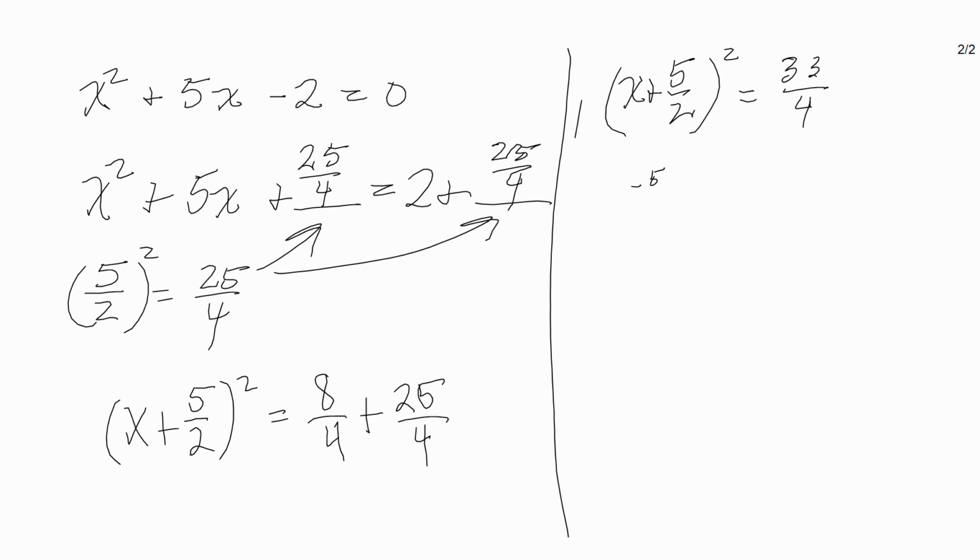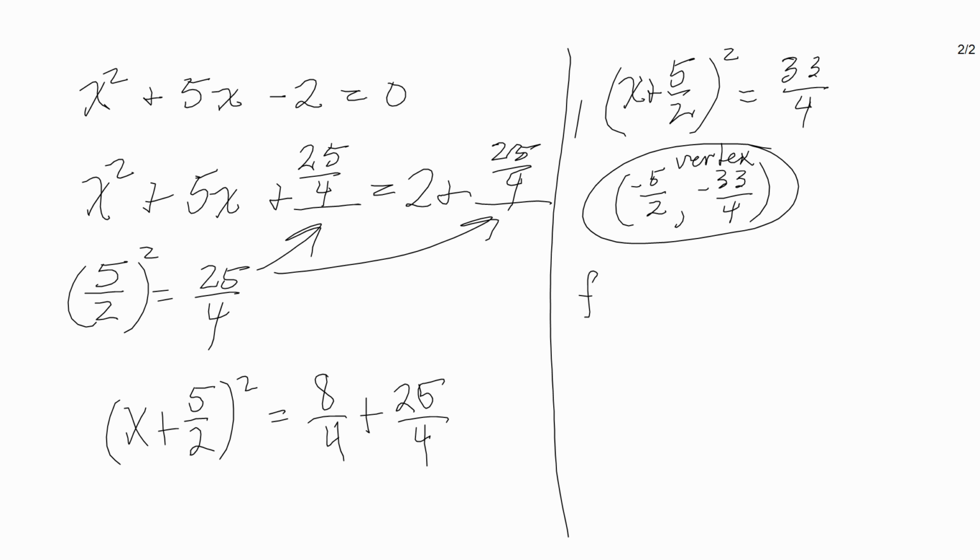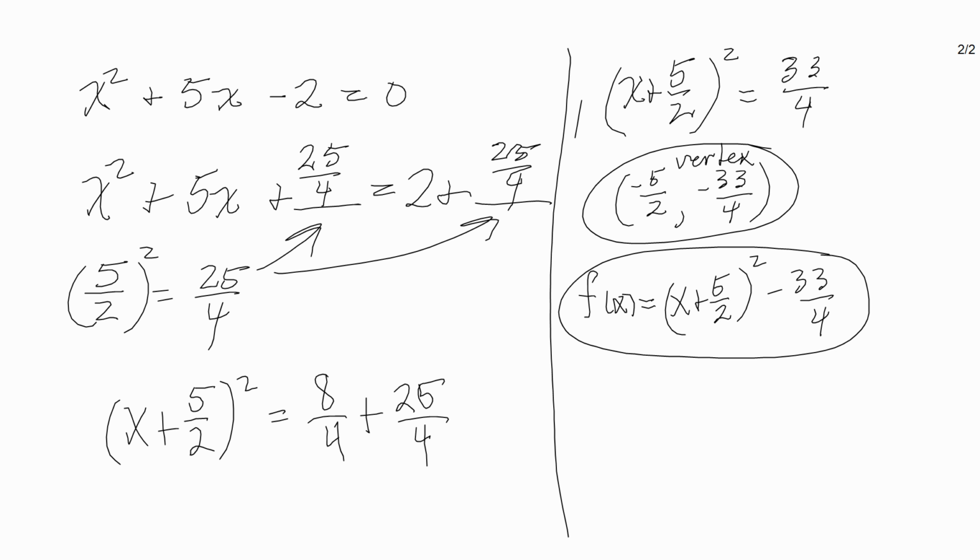Negative 5 halves, negative 33 fourths. You can also write it as f of x is equal to x plus 5 halves, quantity squared, minus 33 fourths. And you can solve it.